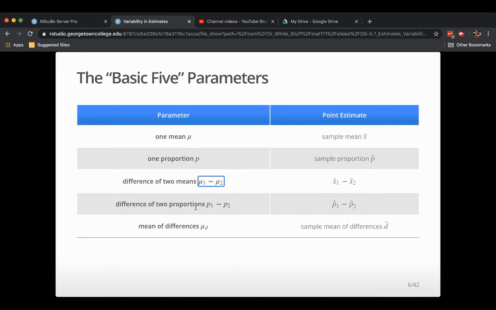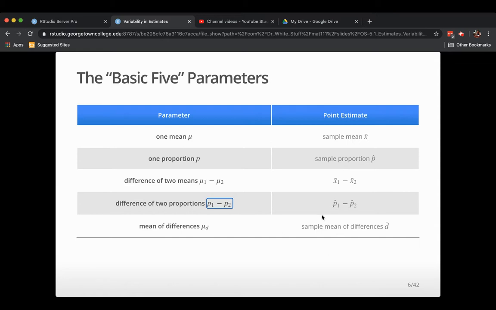Similarly, if you're thinking about 2 populations, you might actually want to compare 2 proportions associated with them. P1, the proportion for the first population, P2, the proportion of the second population that has that characteristic.